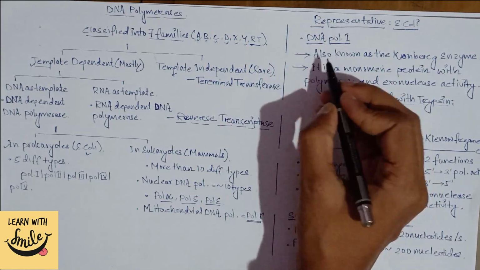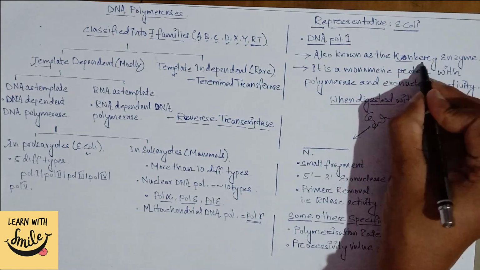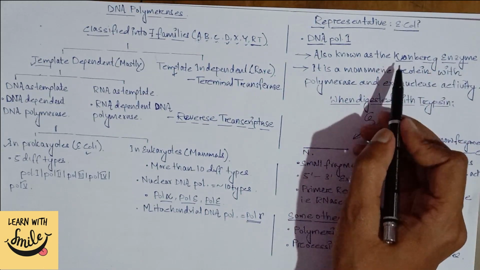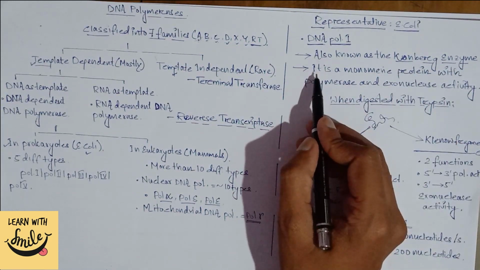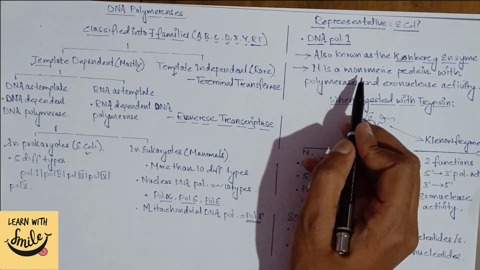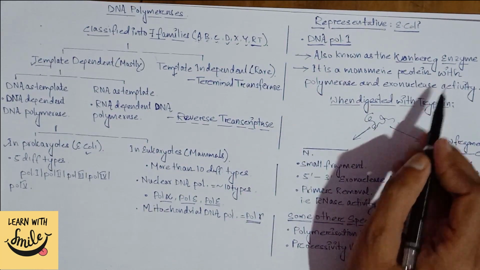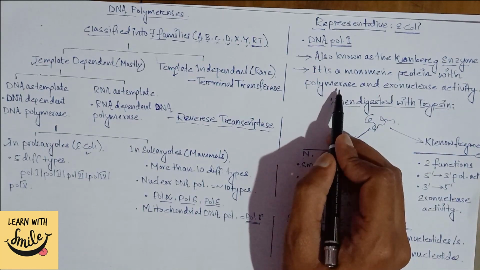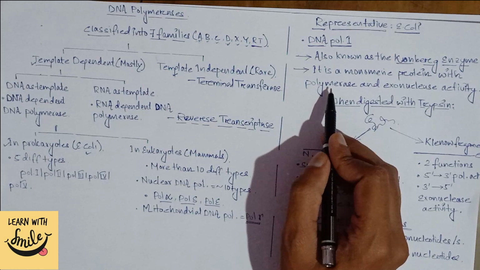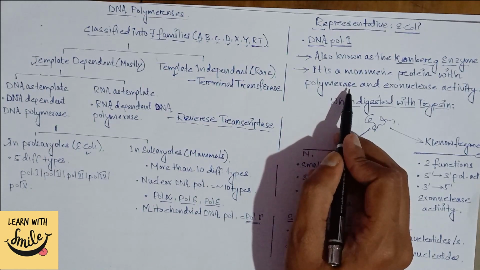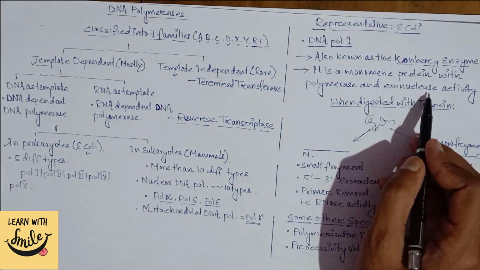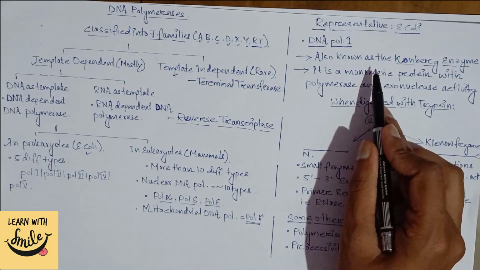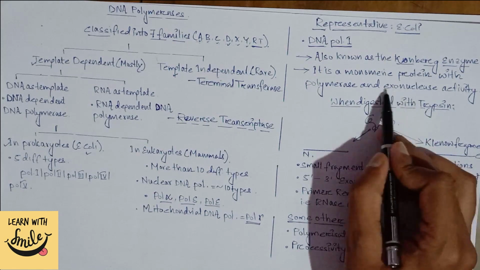Now, DNA polymerase 1 is also known as the Kornberg enzyme after its discoverer, Arthur Kornberg. Basically, DNA polymerase 1 is a monomeric protein with polymerase as well as exonuclease activity. Polymerase activity, we know very clearly, helps in polymerization of the newly synthesized DNA, and exonuclease activity is a trimming activity.